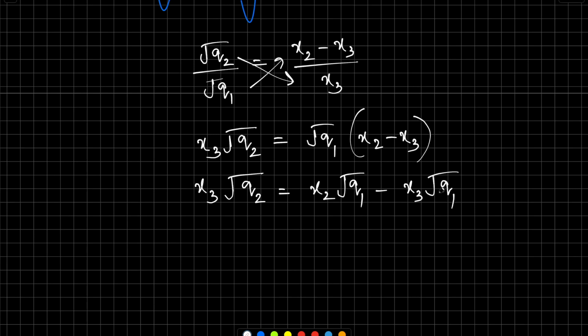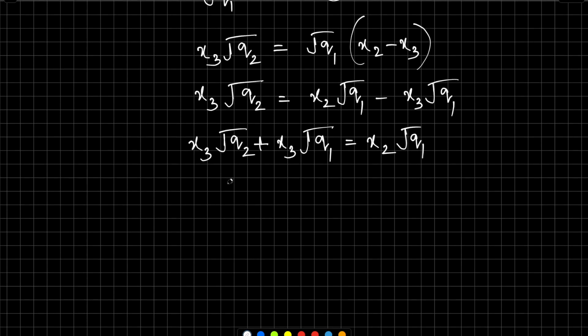Okay, now we need to find x3, right? So I'm going to take this x3 term to the left hand side. So x3 root Q2 plus x3 root Q1 equals x2 root Q1. We have x3 common on the left, so let's take x3 outside the bracket. If you take x3 outside, then you have square root of Q2 plus square root of Q1 on the left side.